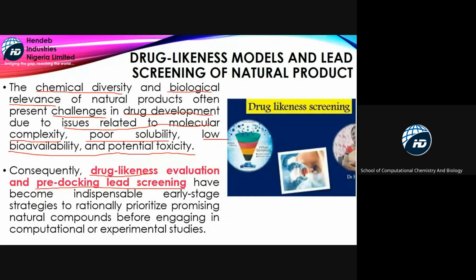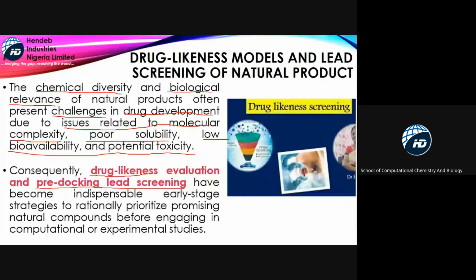You have to check if this product has the potential that could make it a drug. So I will not waste my time docking these compounds if I can modify them first, because we are not just after the therapeutic effects, but also the safety and ability of these compounds to act as a drug. So this part is totally indispensable.